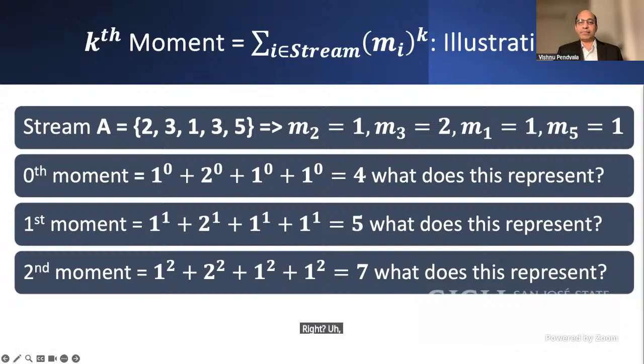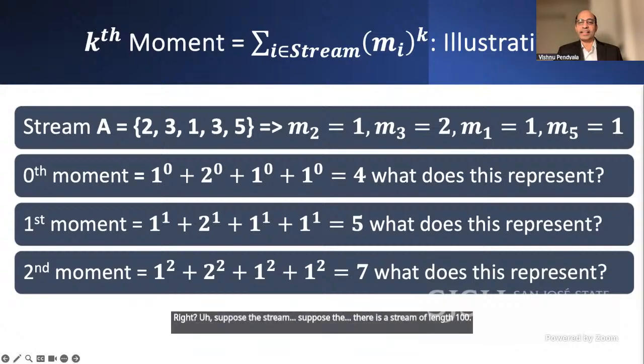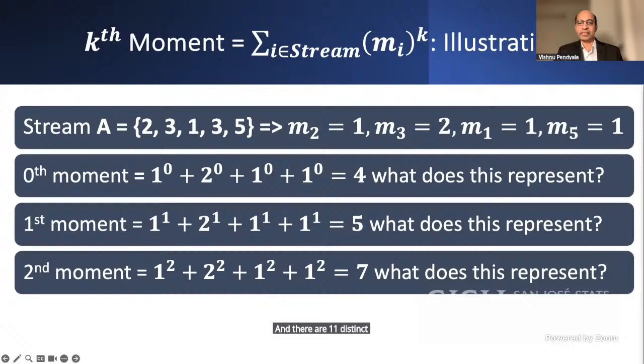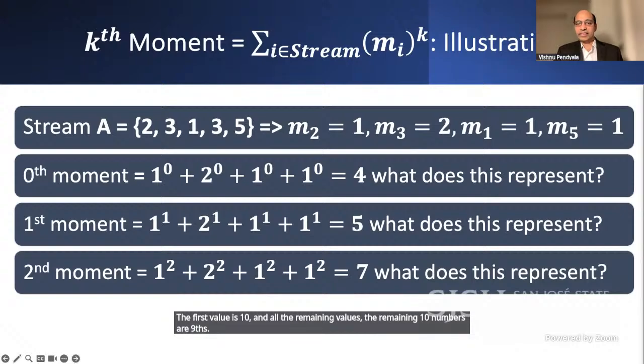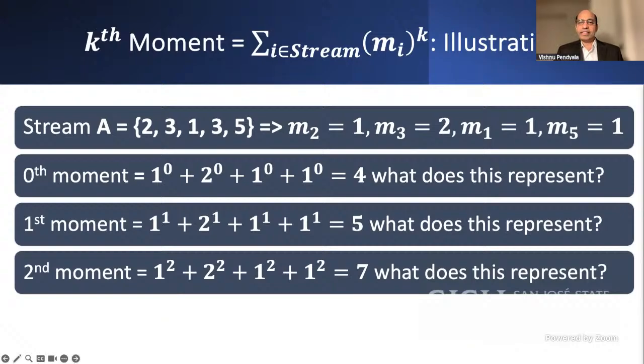Suppose there is a stream of length 100 and there are 11 distinct values. The first value is 10 and the remaining 10 numbers are nines. So what is the second moment? It is 1 squared plus 10 squared.